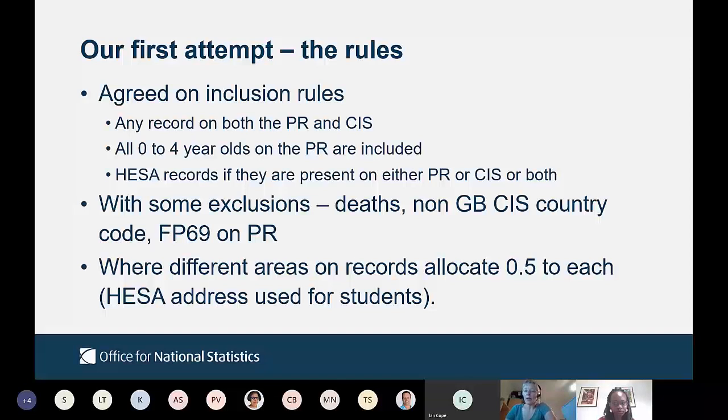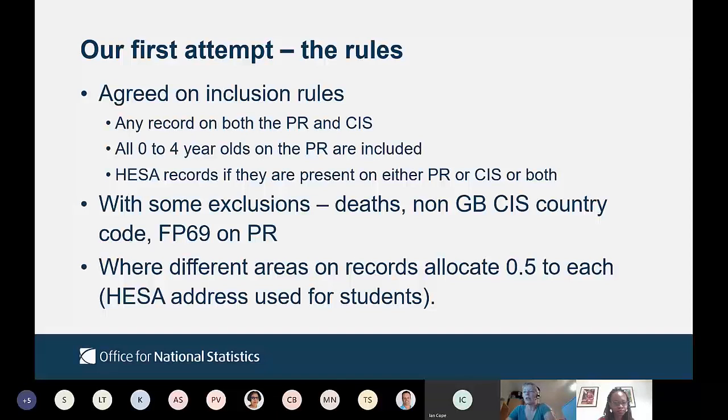And then because we had some people where their addresses were different between the different sources of information, we decided to try and allocate them half and half to both areas rather than choose a specific address, which did make it quite complex, and that's not one of the rules that we've carried through to our later attempts, which I'll talk about a bit later.